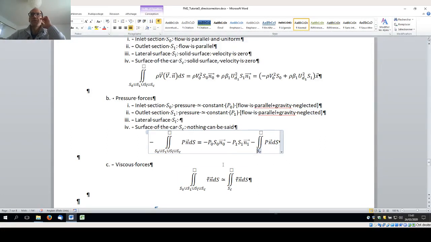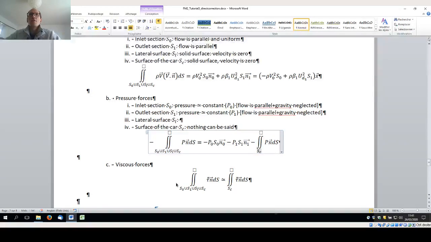Okay, and after we can try to think about what to say about the pressure on the lateral surface here.